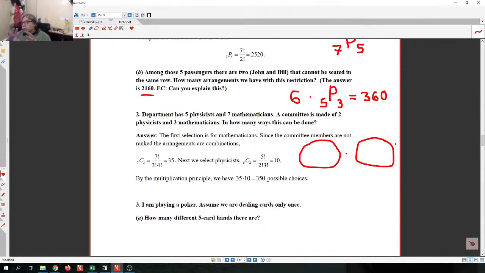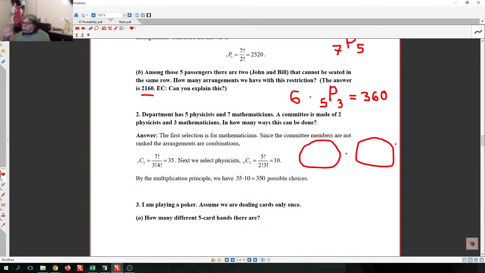The first number is the number of ways to select 3 mathematicians, and then the number of options you have to select 2 physicists. So this is like a branching, and you have to multiply these 2 numbers.